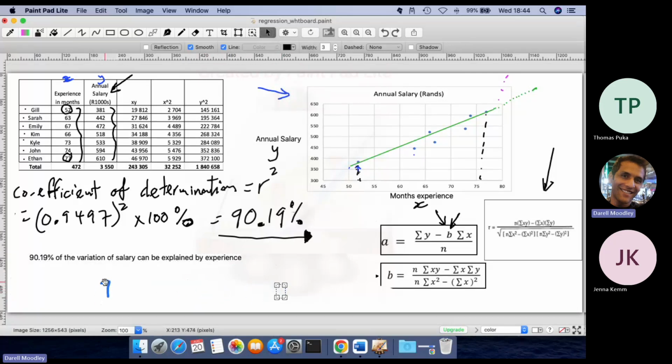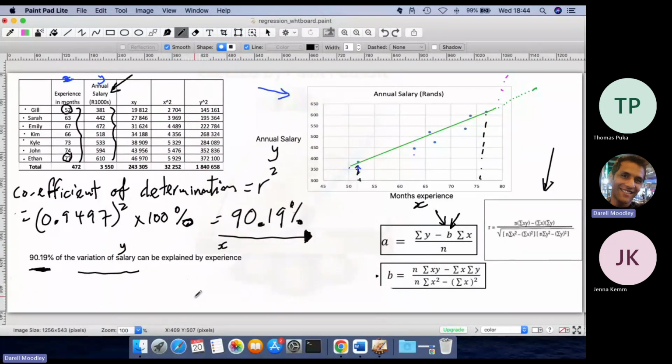That's how you interpret it. Whatever that value is, you say whatever that percentage is; in our case it's 90.19% of the variation of salary, which is the Y, can be explained by experience, which is our X.